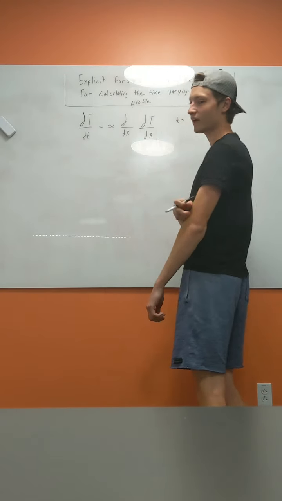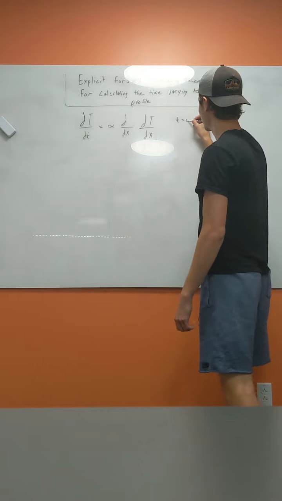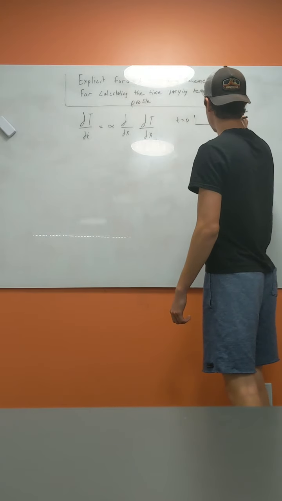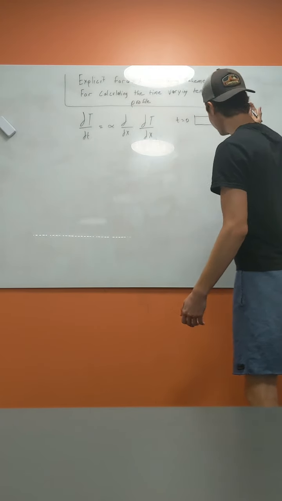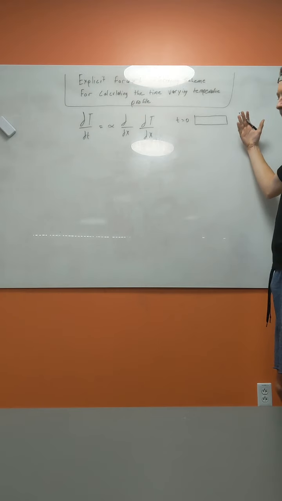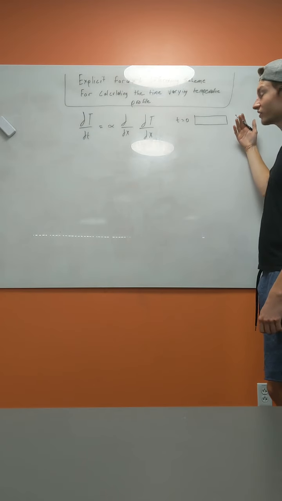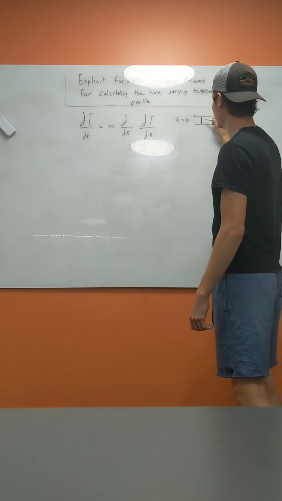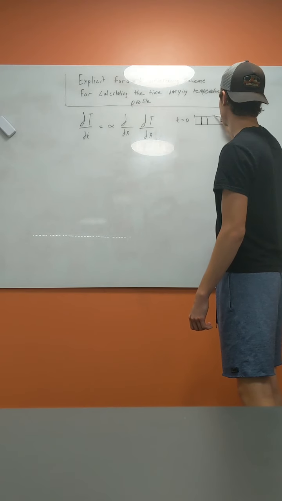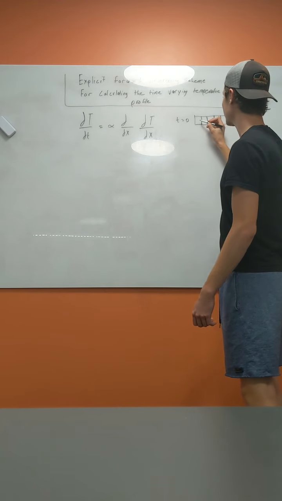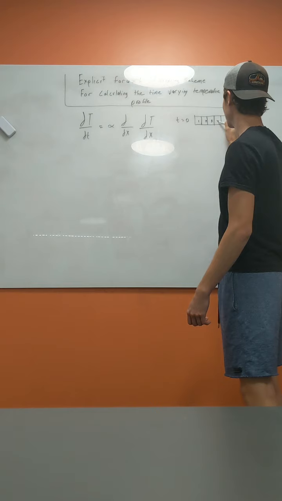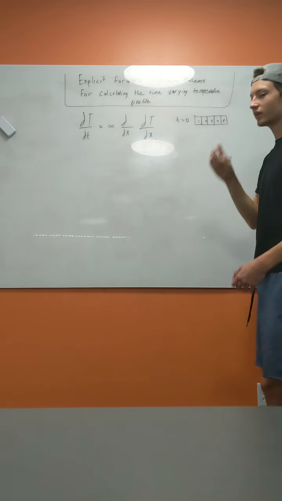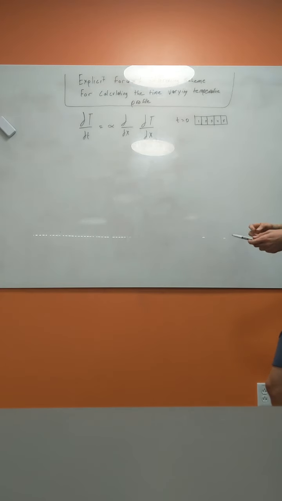At time 0, we can mark off different spatial discretizations. So we have like 1 meter, 2 meters, 3 meters, 4, 5, at different positions, and each one of those is going to be a different temperature.